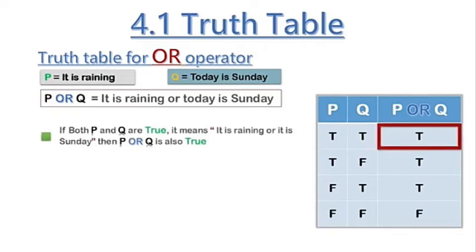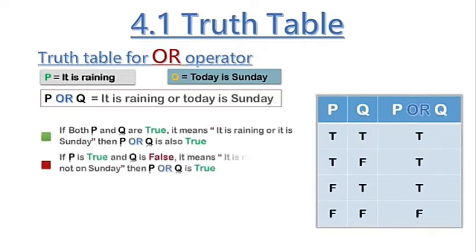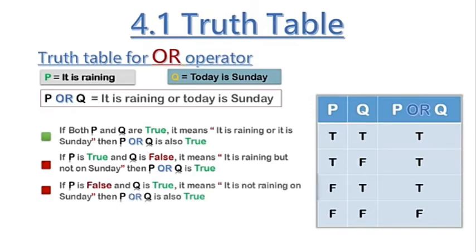Both are true, it means true. Now for the OR operator, it is raining, yes, and today is not Sunday, false. So both are not true, but the answer will be true. You should learn that if one condition is true, the answer will be true.